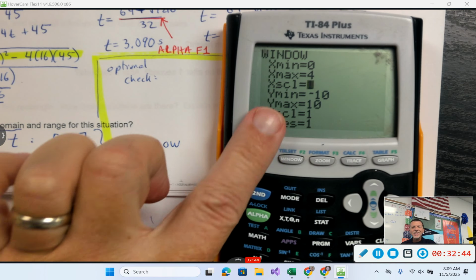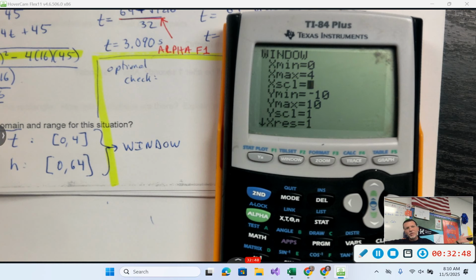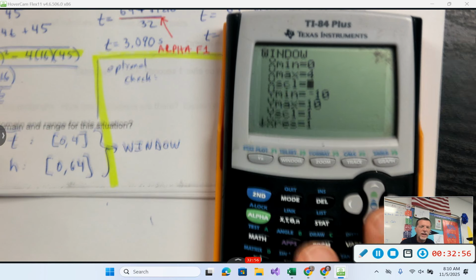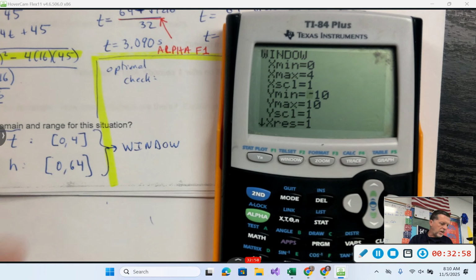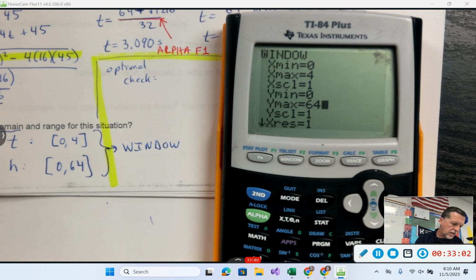X scale, the SCL is the scale. That only matters if you're going from 0 to 10,000. You probably don't want a tick mark every 1. You'd like a tick mark every 1,000. But if you're going 0 to 4, 1 is fine. Y-min, we said we'd go 0 to 64. I don't know that I want to see 64 tick marks.